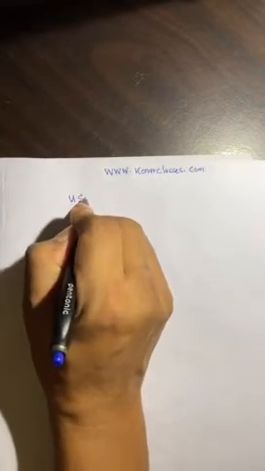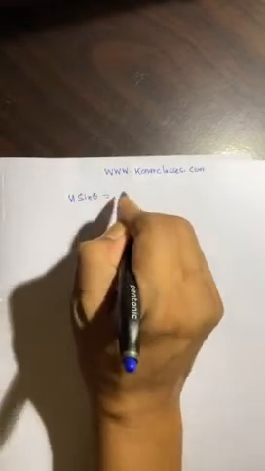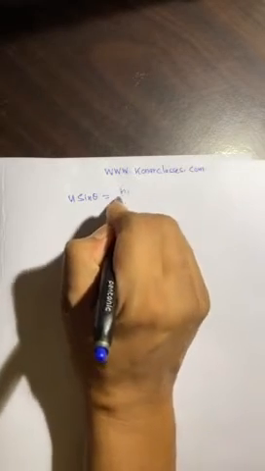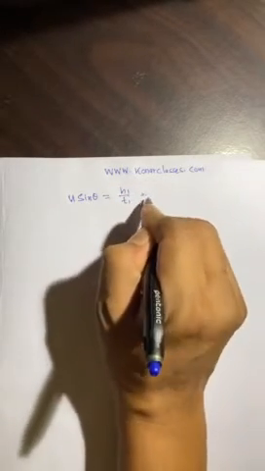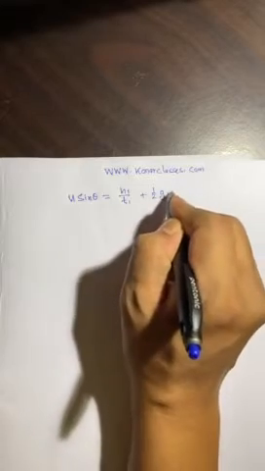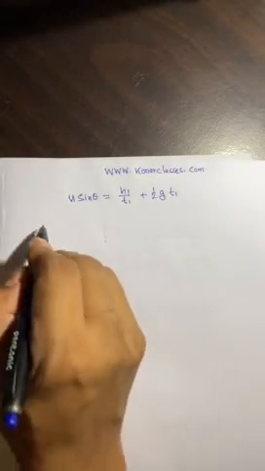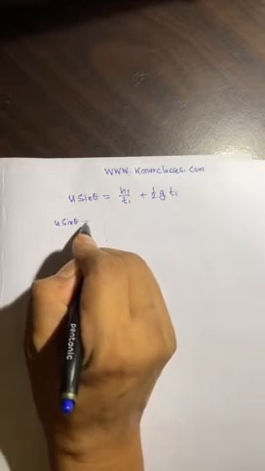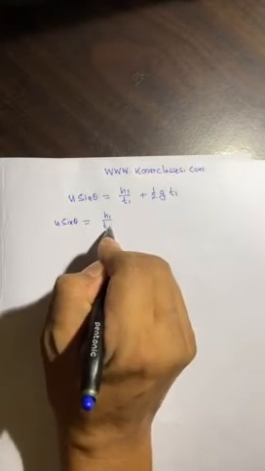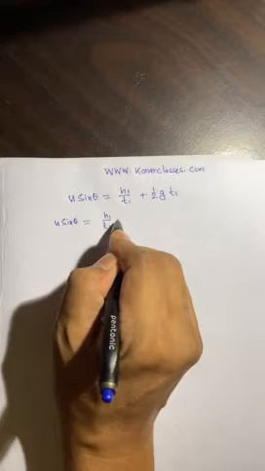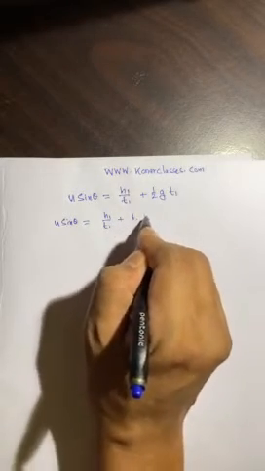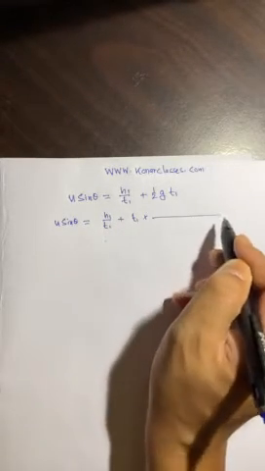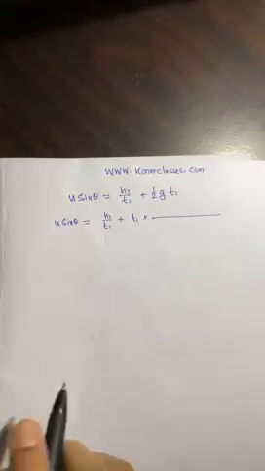So u sine theta equals h1 by t1 plus half g t1. So u sine theta equals h1 by t1 plus t1 into, we need to put the value of g.